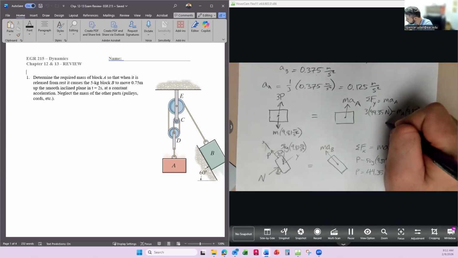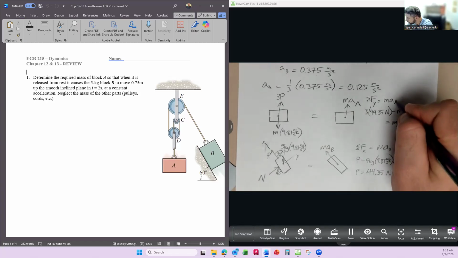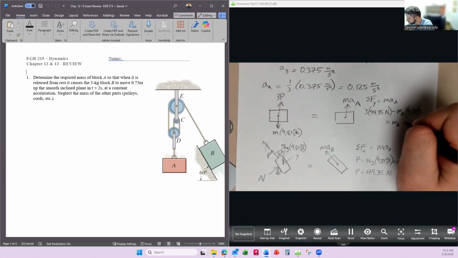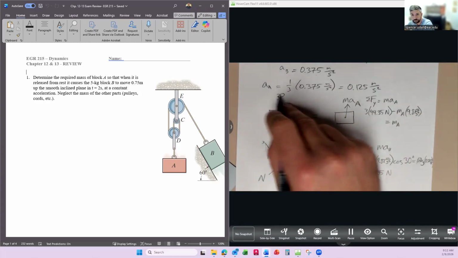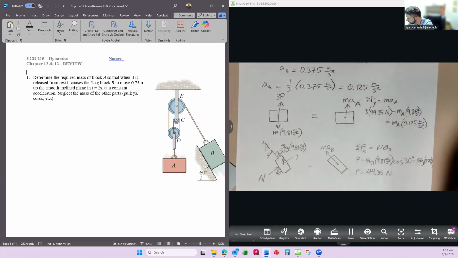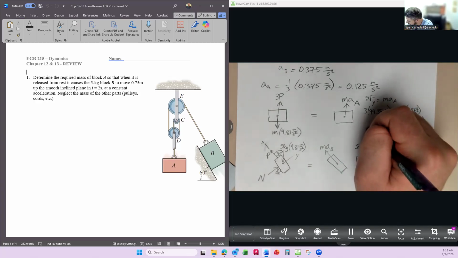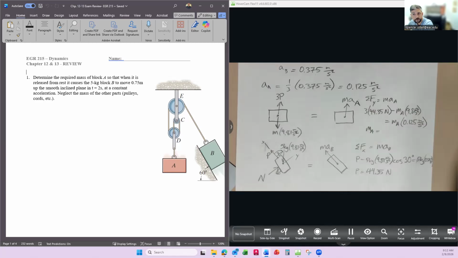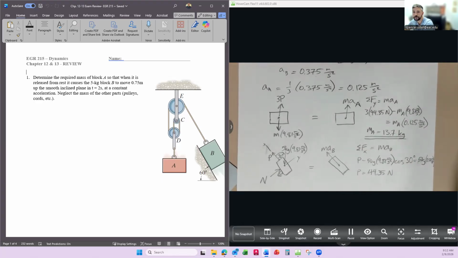Equals, I'll just go like this, M_A unknown times the acceleration of A, which we calculated earlier, that was what we got from our relationship between block A and B, 0.125 meters per second squared. Now we've got one unknown, just the mass A, which should come out to be 13.7 kilograms. That's our answer for that one.